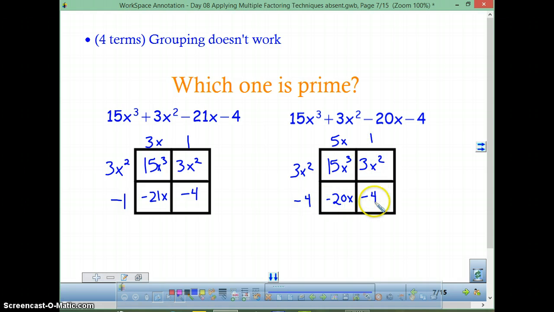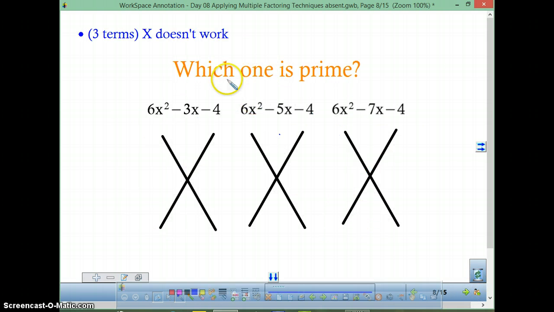It does. Yes, this one can be factored. I can write it as 3x squared minus 4 times 5x plus 1. This one, prime, cannot be factored. Let's try this. I should have written which ones are prime.